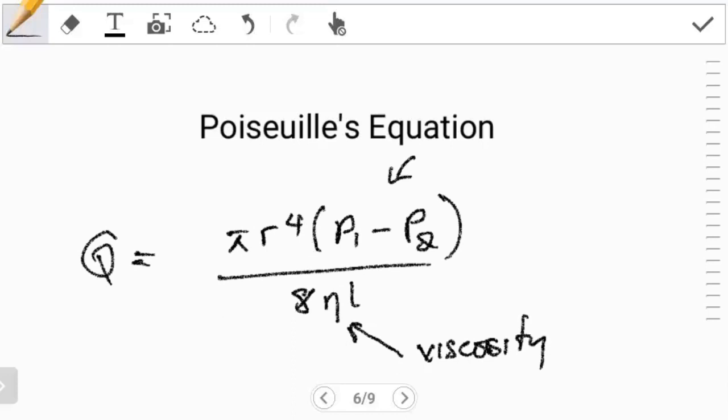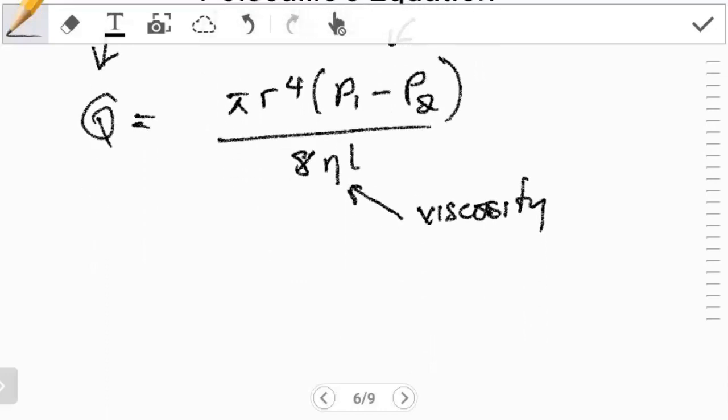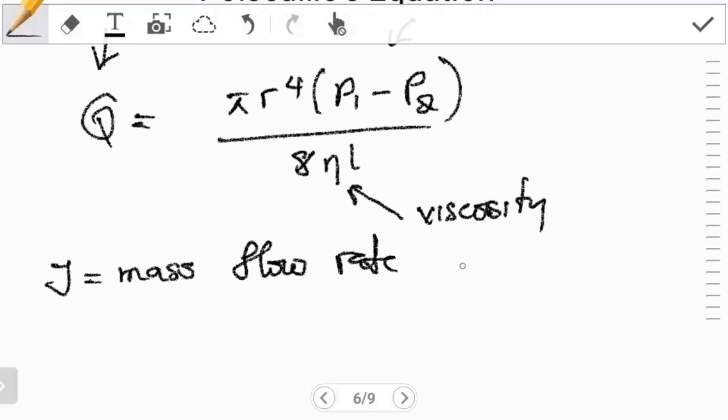Okay. Now, next up, this quantity here, Q. Q is the flow rate, but there are two types of flow rates that you have to keep in mind. J gives you the mass flow rate. We looked at this before and described what it was.